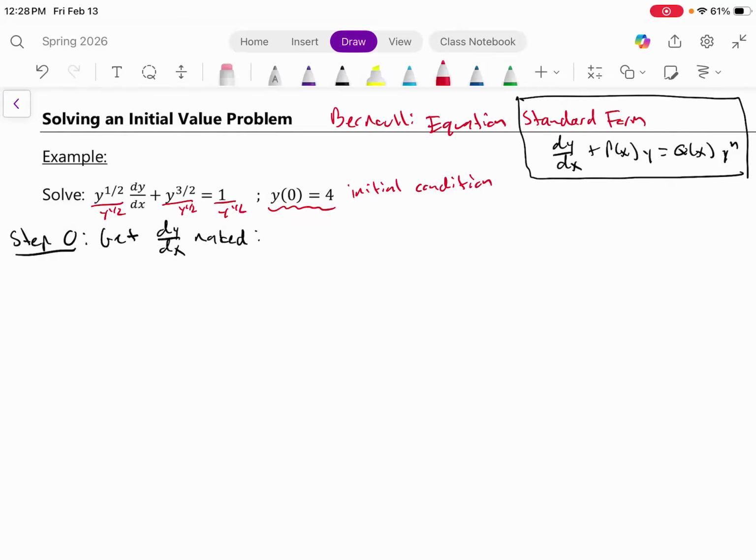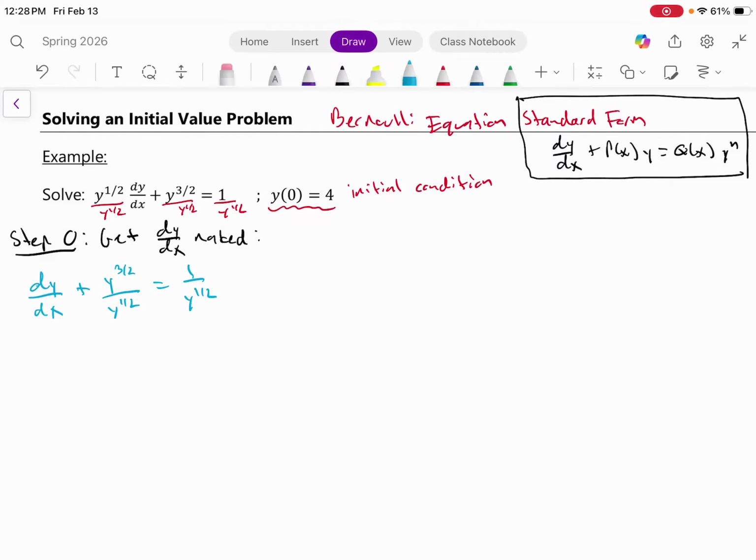And so what we get is dy over dx plus y to the 3/2 over y to the 1/2 equals 1 divided by y to the 1/2.